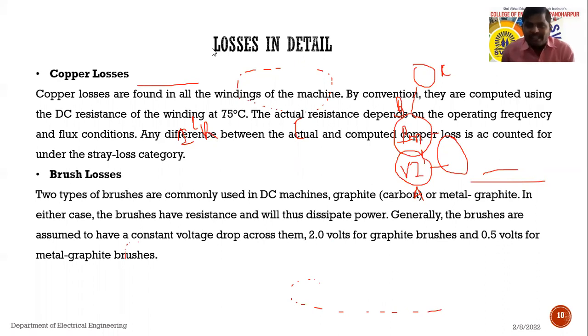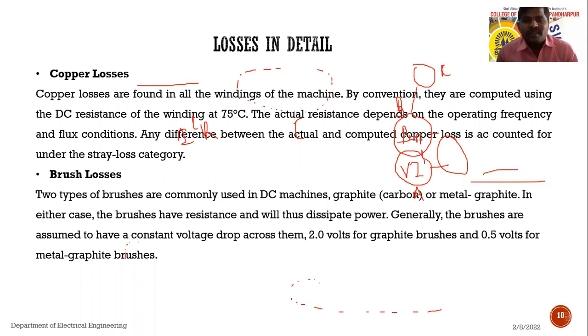The machine windings, or motor windings, have some resistance. Due to that resistance, if current flows through the winding, the resistance opposes the current. So some heat or power is dissipated in the resistive part in the form of copper loss, that is I square R loss, and it depends upon I square.